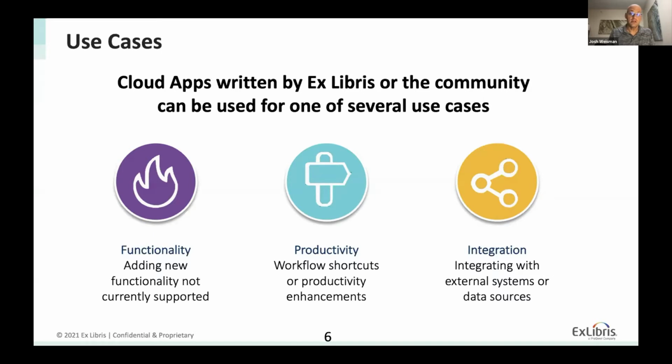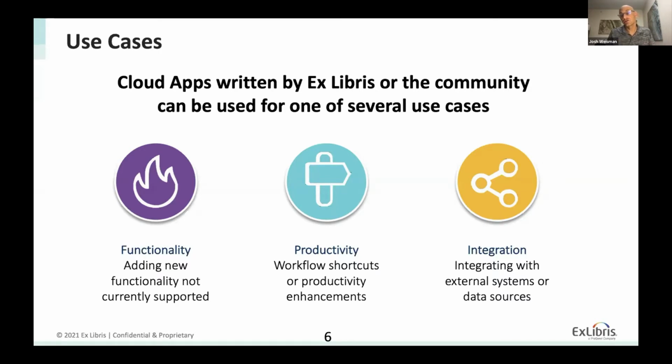The second type of app is productivity apps, so workflow shortcuts. An example is that delete your sets app that we saw in the previous presentation. These are things which are possible today, but perhaps in less than perfectly efficient workflows. You can build workflows that are either custom for a particular workflow that your institution uses often, or that just overcome some productivity issues within the products.